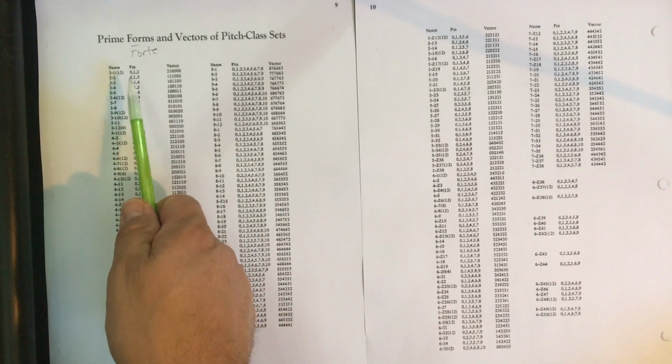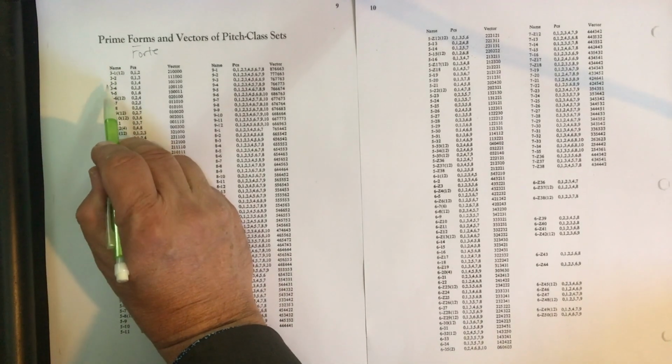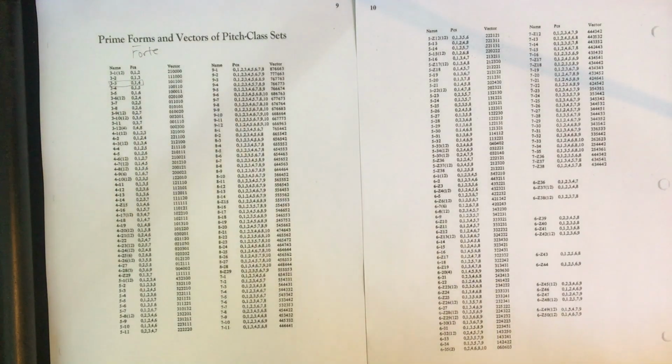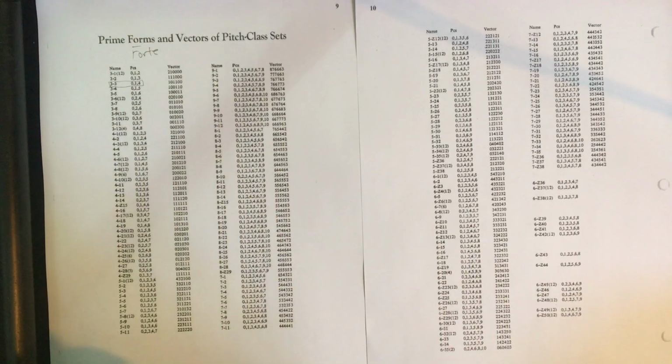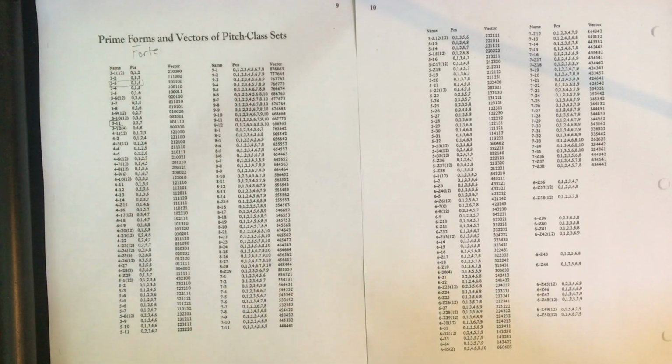Then the second column is an abstraction of the intervals within the set class, or any pitch class set within that set class. Now you can see right off we've got our 014, which we just talked about, the atonal trichord. We also have this one, 311, which is the 037, which you recognize as the minor triad.